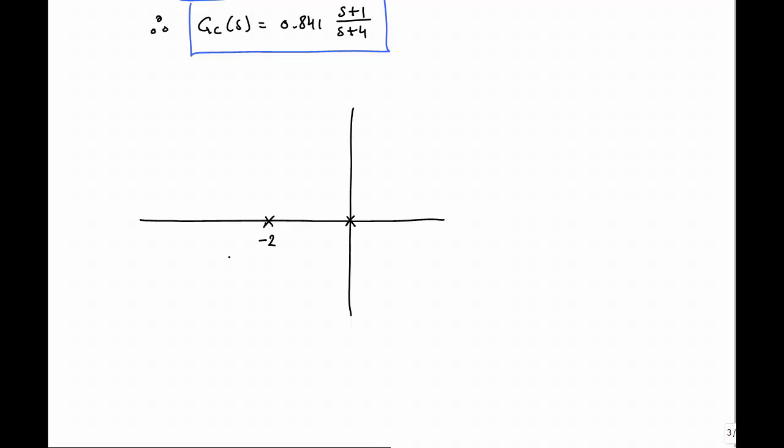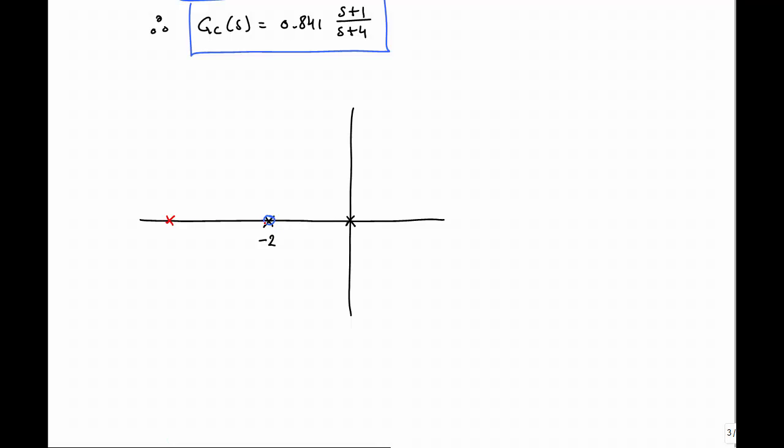Okay, so the system hasn't changed in its nature. But what we'd do is we would put our compensating zero on top of our leftmost open loop pole, and then we would choose our compensating pole to be whatever position to the left that was necessary to meet the angle requirements.